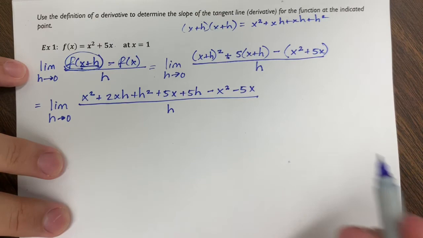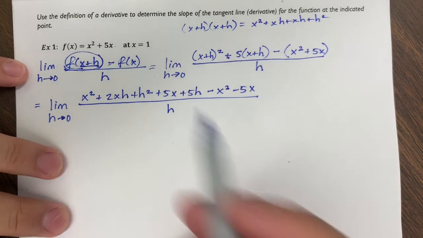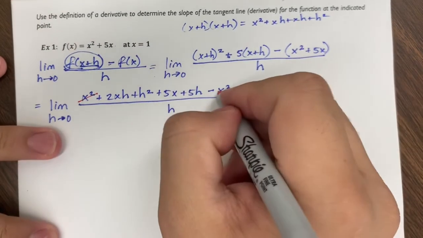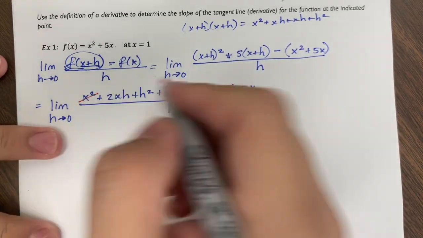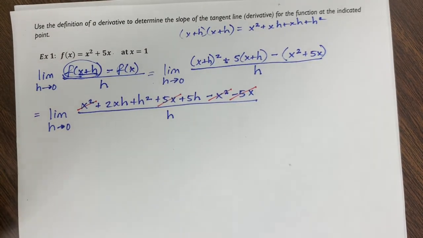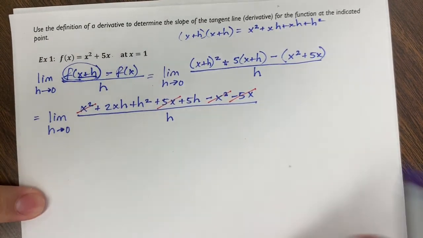And then from here you have to determine what things I can cancel out from the numerator. You'll notice I can cancel out an x squared and a negative x squared. I can also cancel out a positive 5x and a negative 5x. Essentially all you're going to be left with are terms that have an h value in them.